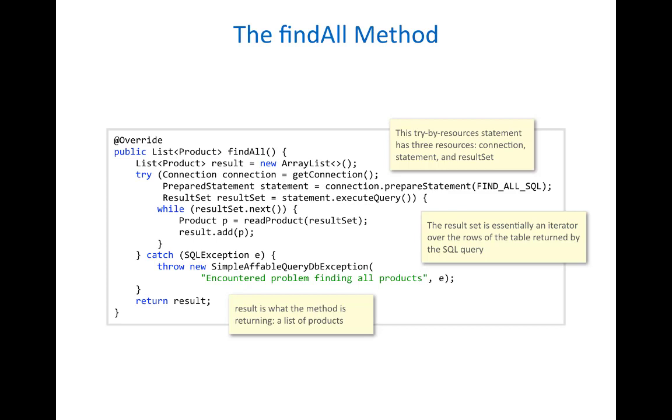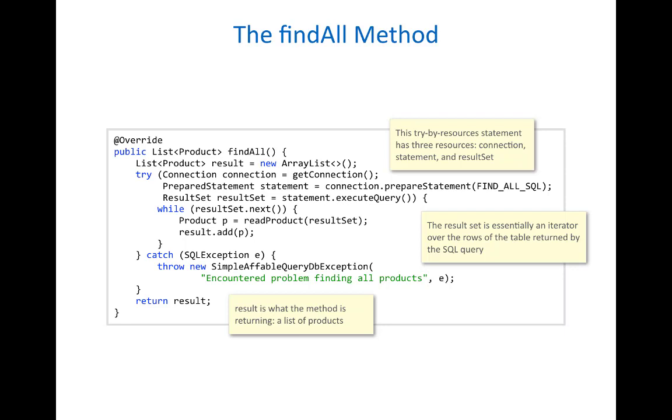Let's look at the implementation of the findAll method. The method returns a list of products, so we create an empty list at the beginning. The try with resources statement takes three resources: a connection, a prepared statement that prepares the SQL query, and a result set, which holds the result of that query.